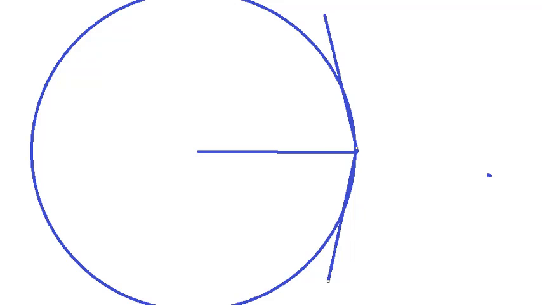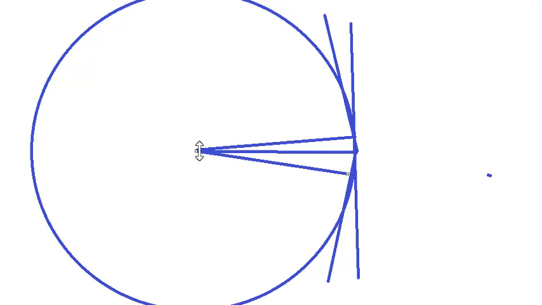Now resolve that into two components. For that we can draw a tangent here, and this is the normal, and the angle created by the tangent, because we have taken a small element at an angle d theta. This was a small element.